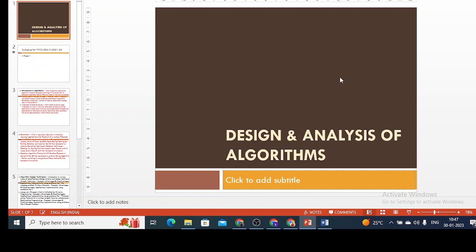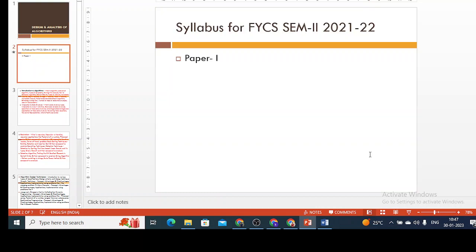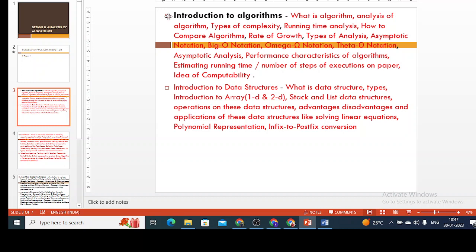Today we are going to start with a new series for design and analysis of algorithm. Now this subject is for FYCS SEM 2. In this we are going to cover the portion for BSc Computer Science first year.